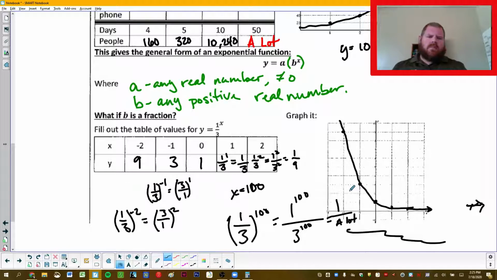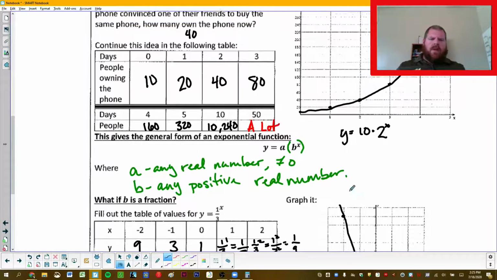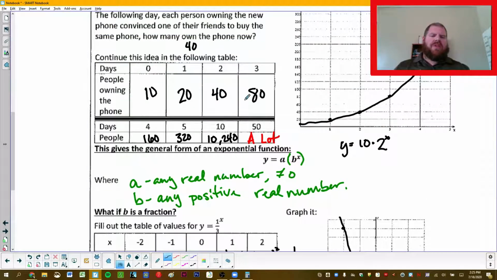So this first one, with the b value being a whole number, or a number bigger than 1, shows exponential growth.